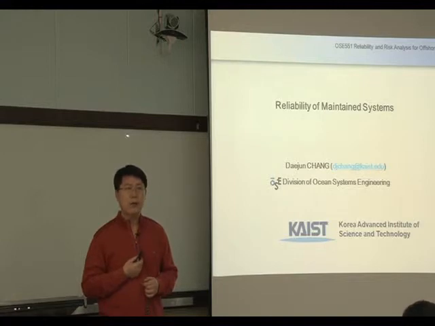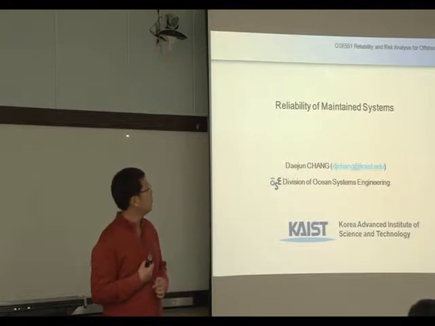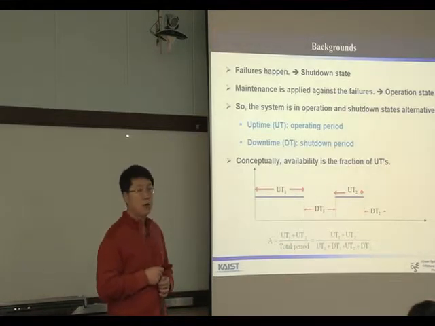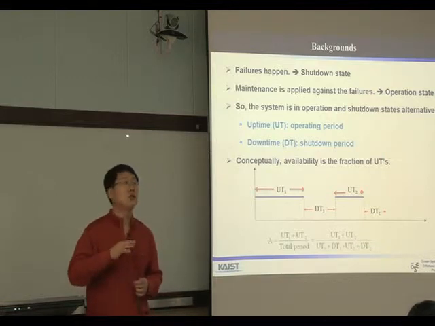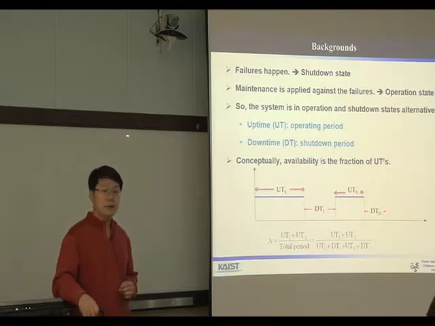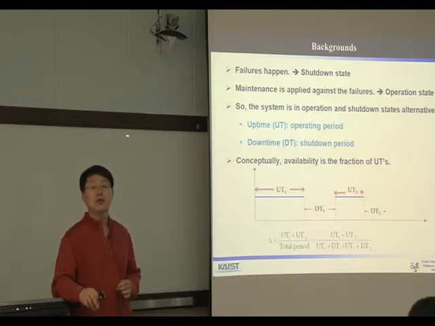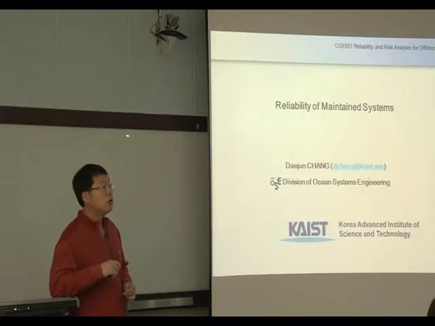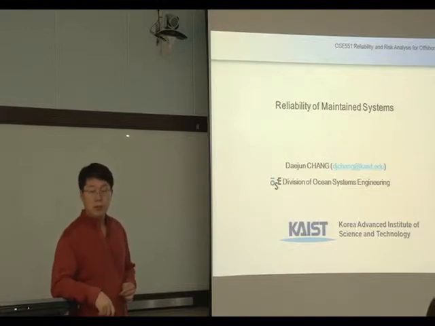The term reliability is used only for non-repairable items, non-repairable systems. Instead of reliability, we usually use the term availability for the maintainable system. So the correct topic would be availability of maintainable systems.